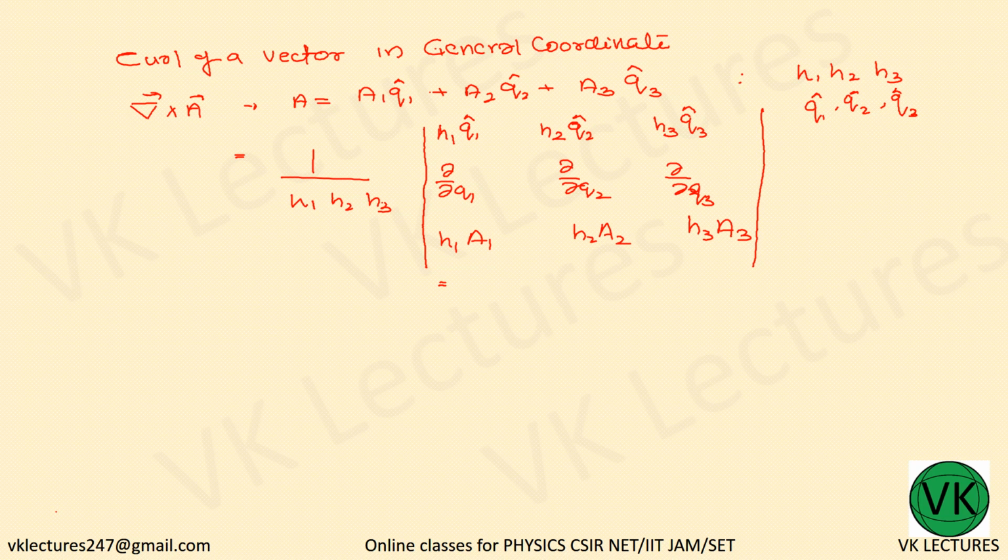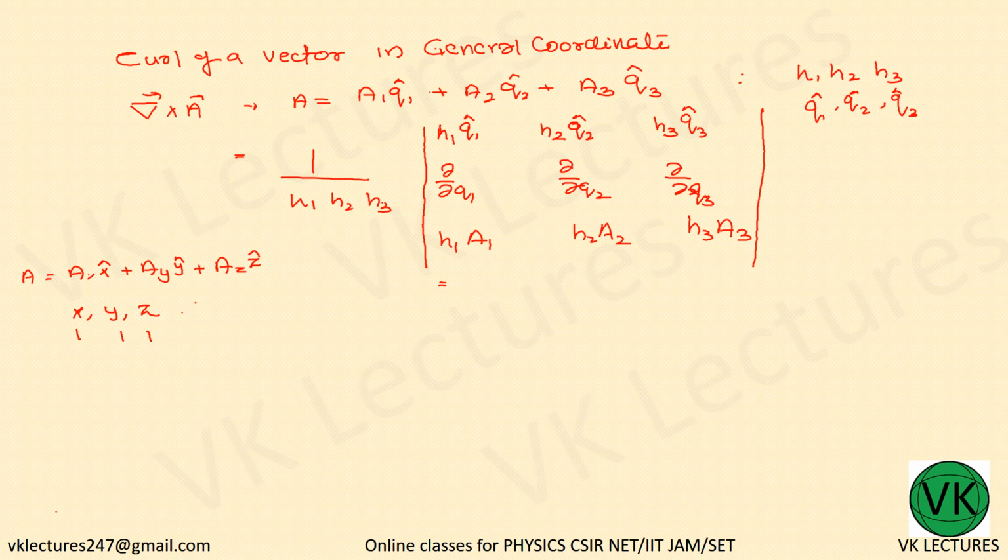Now suppose for the three-dimensional Cartesian coordinate system x, y, z, we have the metric elements 1, 1, 1, and the vector A is equal to ax x cap plus ay y cap plus az z cap.